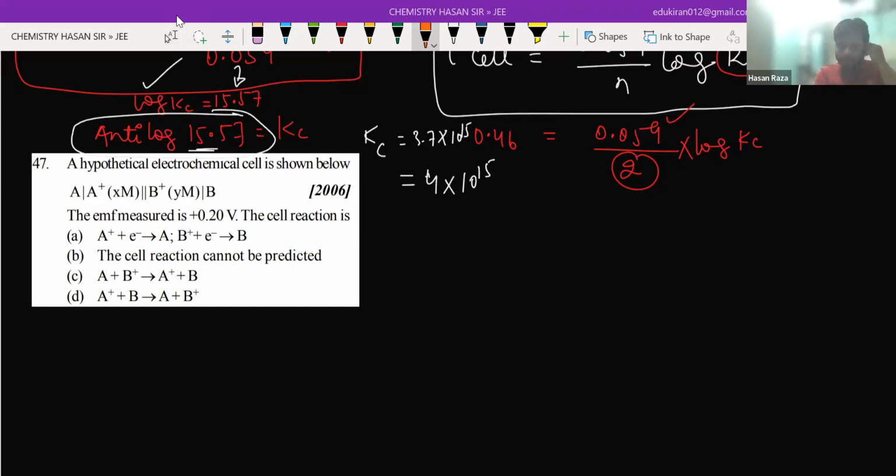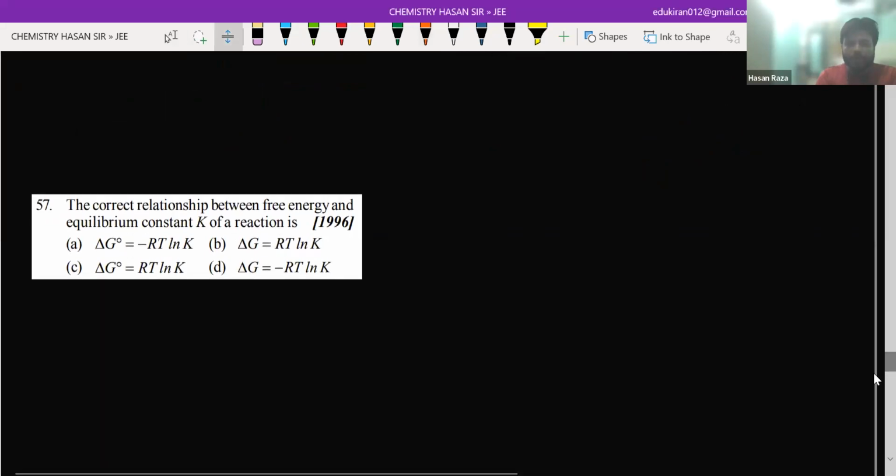Okay, very good, Tharif. Faiza, any answer? Very good, both of you. Moving to the next question. This is basically directly a formula. Let's see whether you know it or not. Very easy it is also.